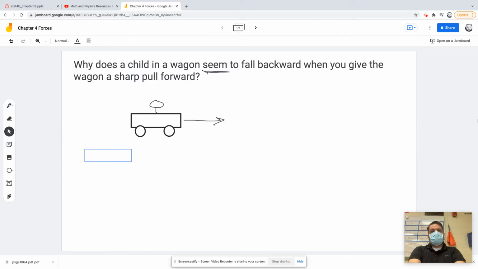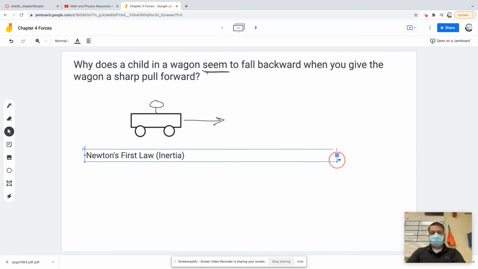So, Newton's first law is the law of inertia. And basically what that is stating is that, does anybody know what that is?